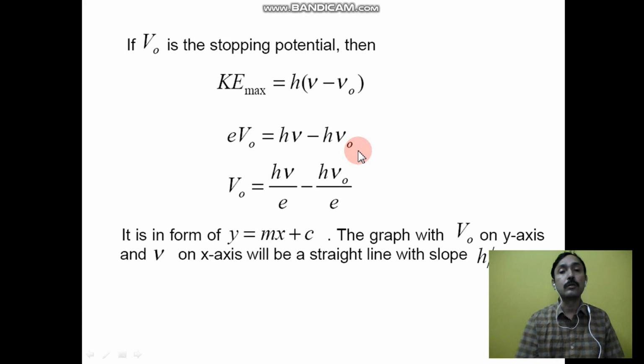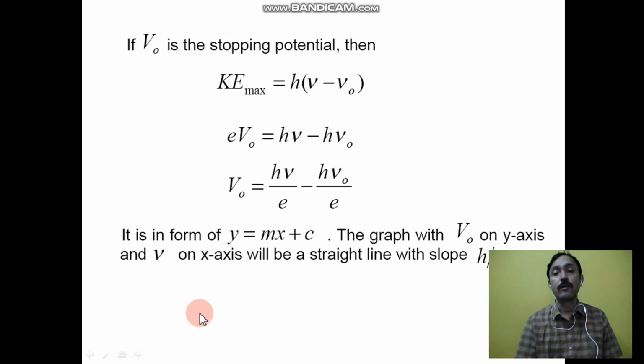So V naught is equal to h nu by e minus h nu naught by e. It is in the form of y is equal to mx plus c. That means this equation gives us a straight line.